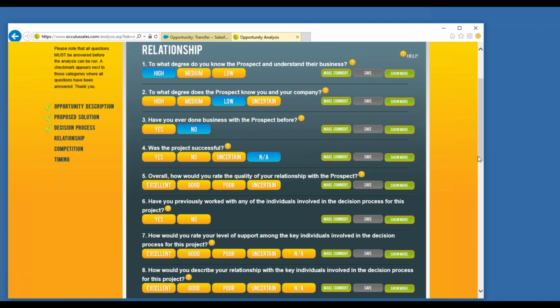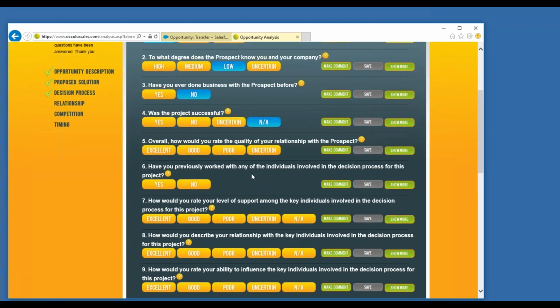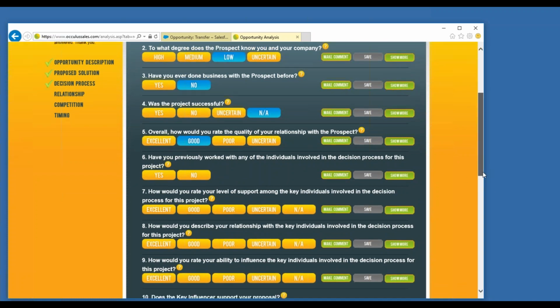Overall, how would I rate the quality of my relationship with the prospect? Well, I've only met Linda, and I think I might have passed by her boss, so I'm going to say it's good. But I'm at a very low level in the organization. But what I've done so far, I think is good.